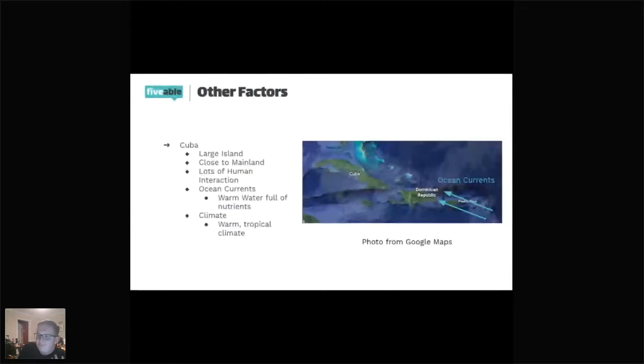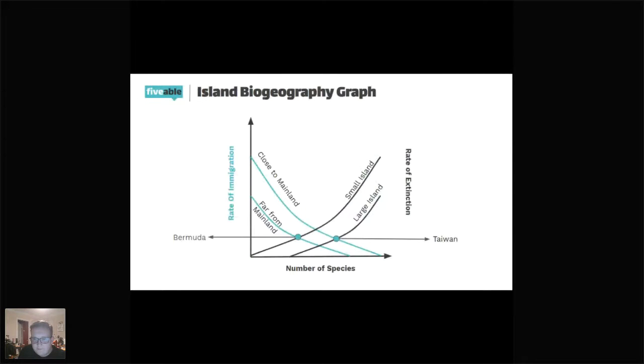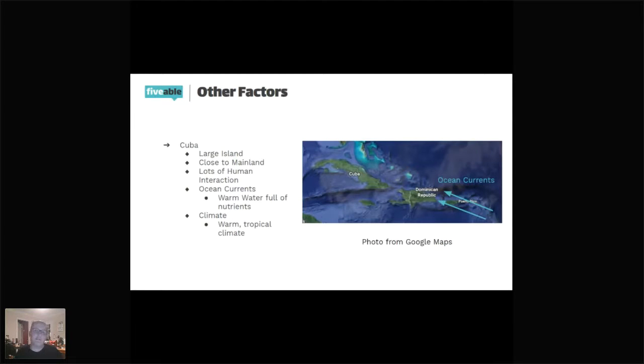So we would say that based on this graph back here, large island close to mainland would have a lot of biodiversity, of course. But there are some other factors that also lead us to believe the same thing. So ocean currents. Ocean currents are going to bring aquatic biodiversity onto the island.